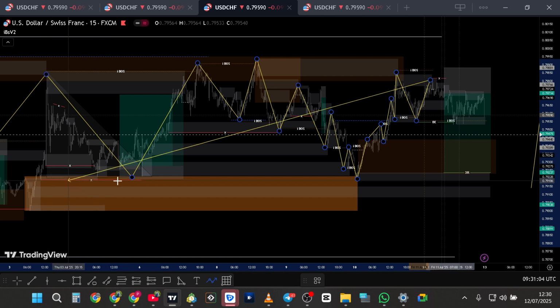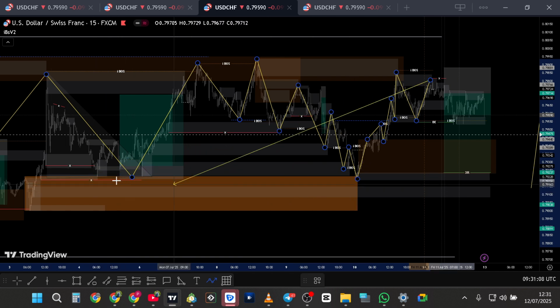All these triple bottoms, together with this one, if I'm not wrong, this one was already taken. So I think this was the last liquidity that has been left, together with all these highs and all these double bottoms.